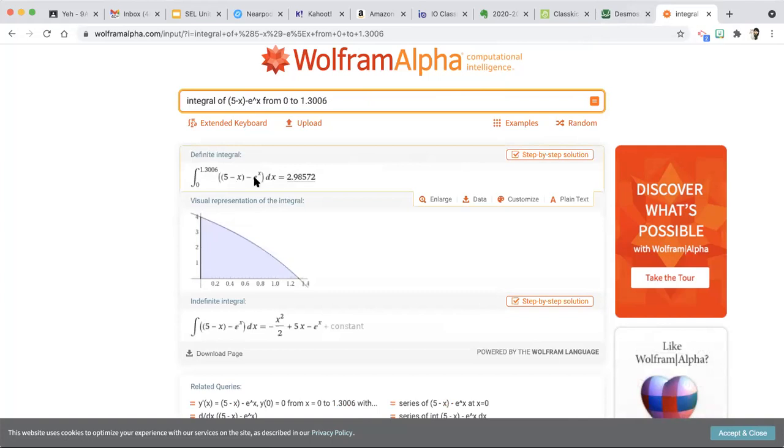Just double check that's exactly what you want. That's the first function minus the second function. And it tells you that the answer is 2.98572, which if you compare that with our answer from yesterday when we took the vertical areas, it should be exactly the same. Maybe off by like a decimal point.